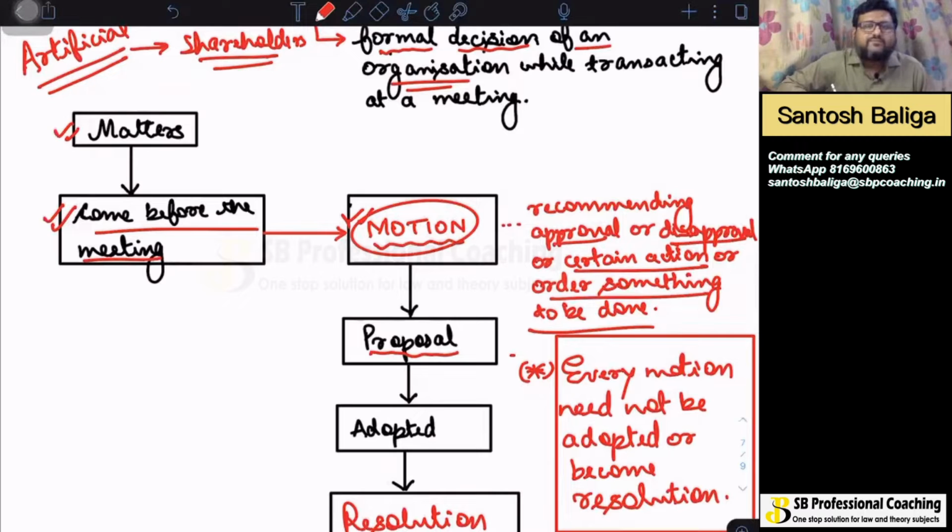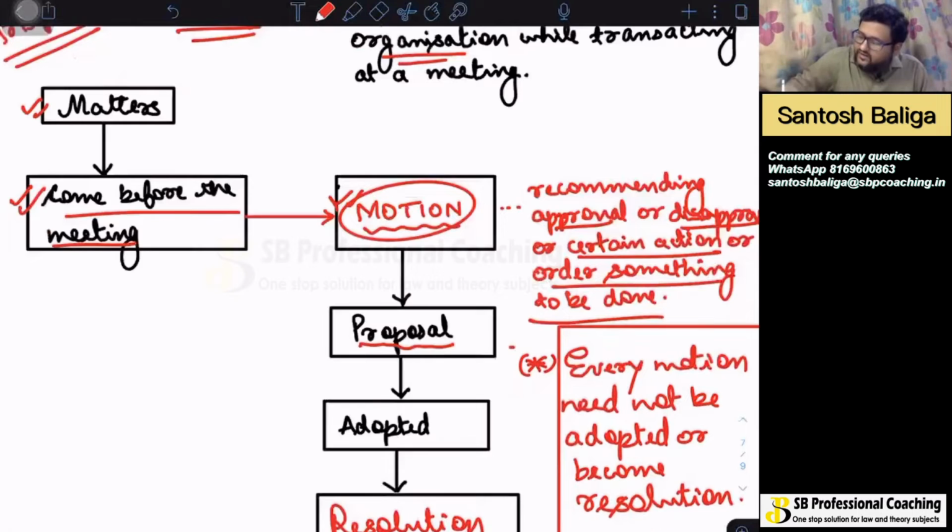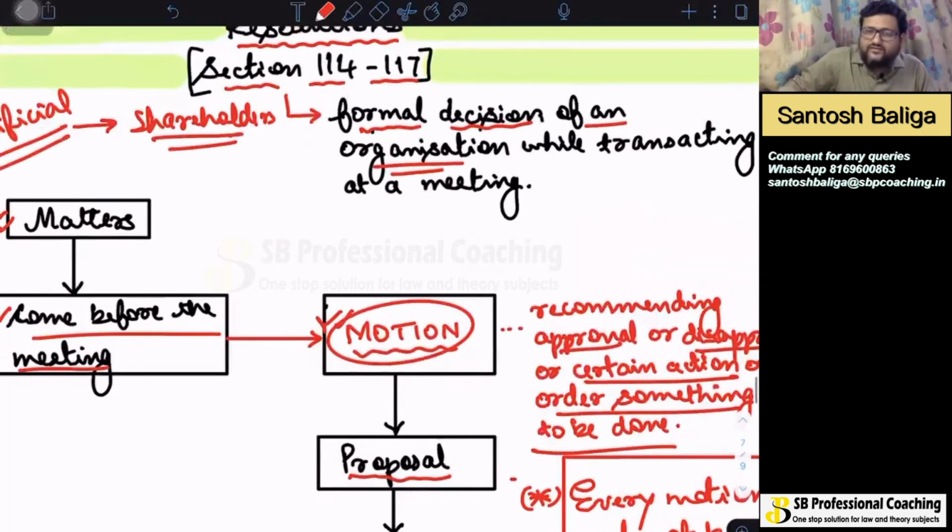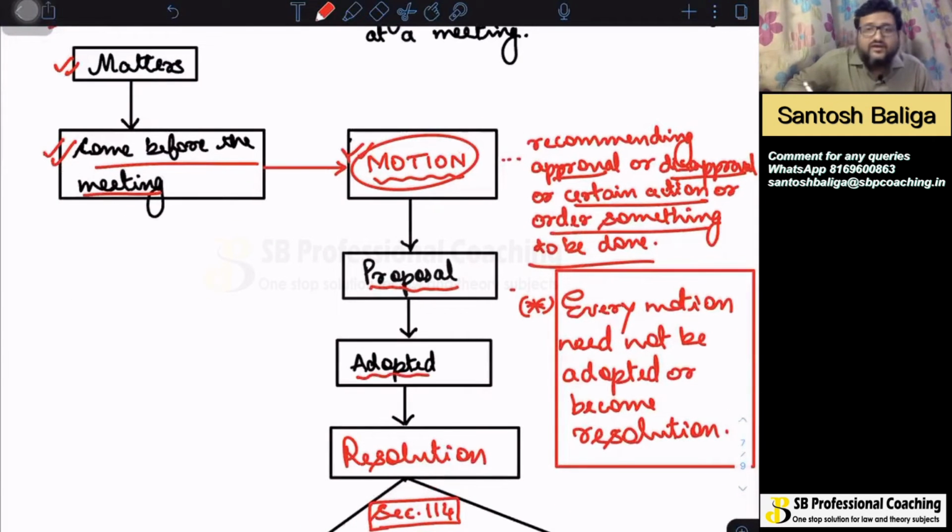Once the voting is passed and if the requisite majority has been received for the particular motion, then the motion will be said to be adopted. And once it is adopted, then the motion would become a resolution.